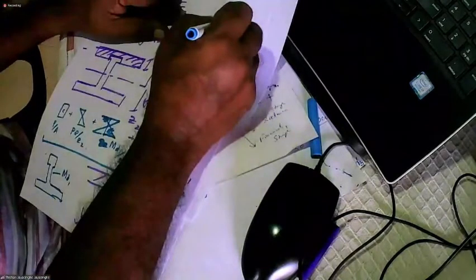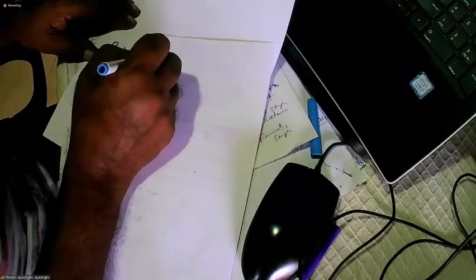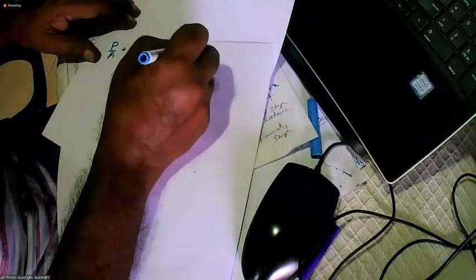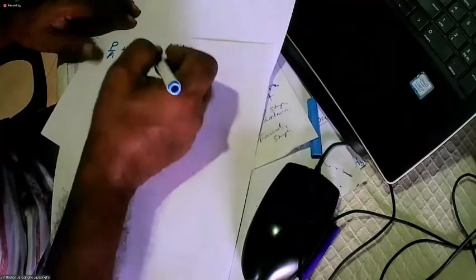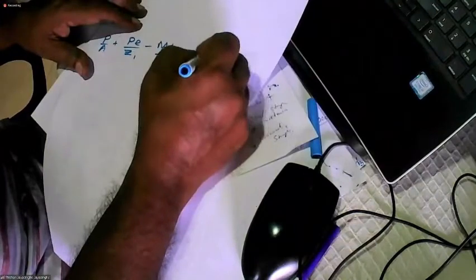So if I write the equations, this is P over A plus P e over Z1 minus MD1 over Z1 should be less than, sorry, greater than FT at transfer.